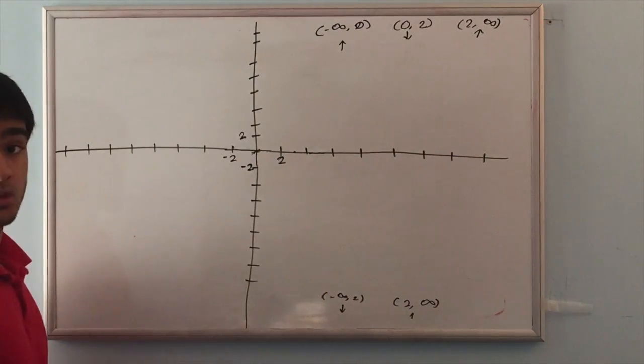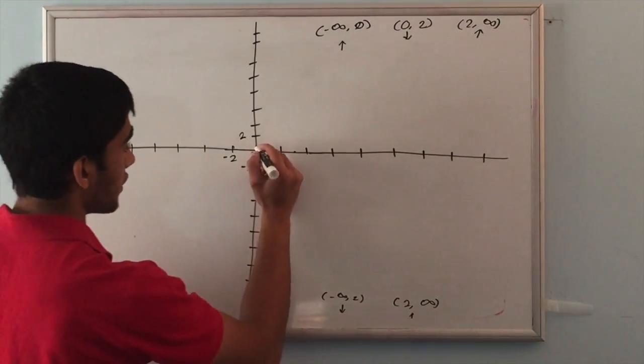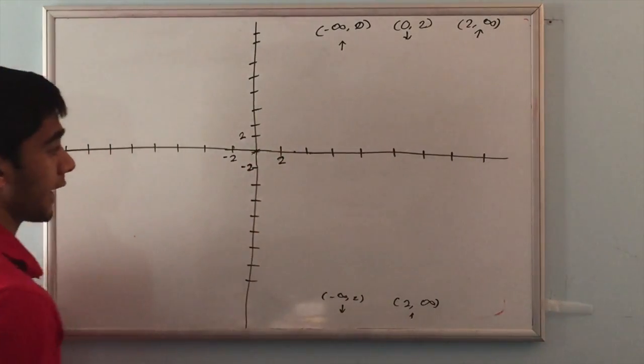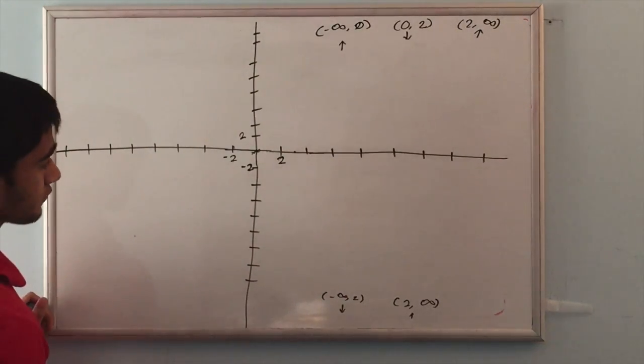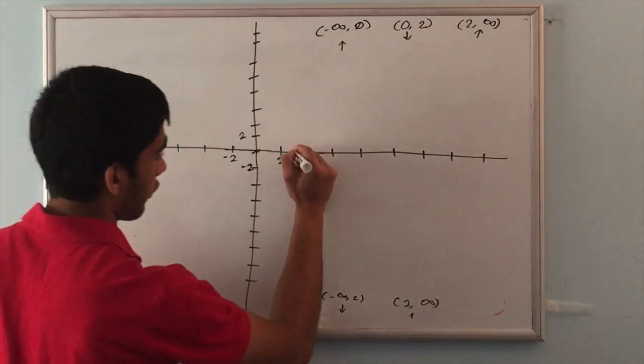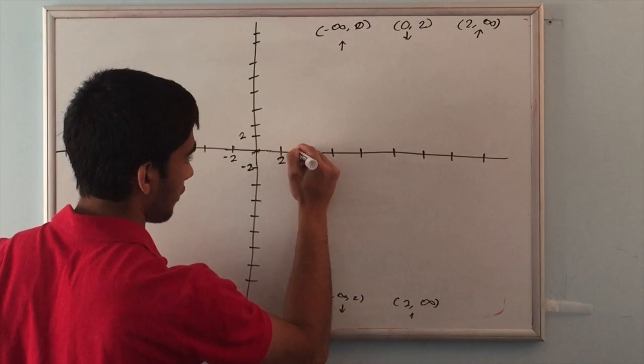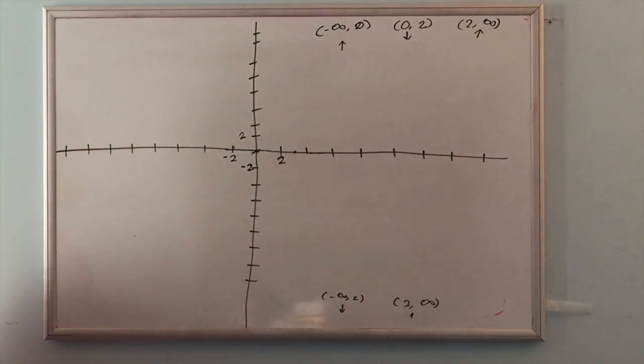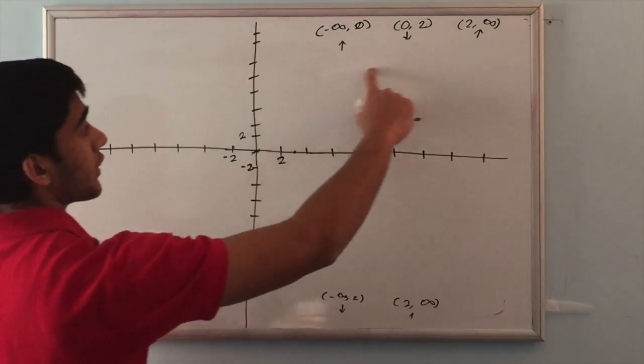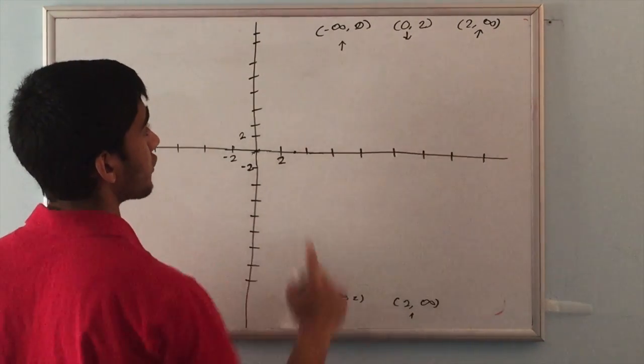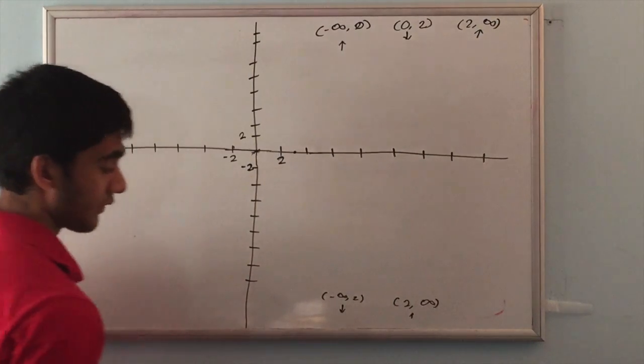So the first thing I would do is draw all our intercepts. So we have one intercept at the origin, and we have another at x equals 3, y equals 0, so that's right there. So now we have to use our intervals of concavity and intervals of increase and decrease to actually sketch this graph. These are the intervals of increase, and these are the intervals of concavity.